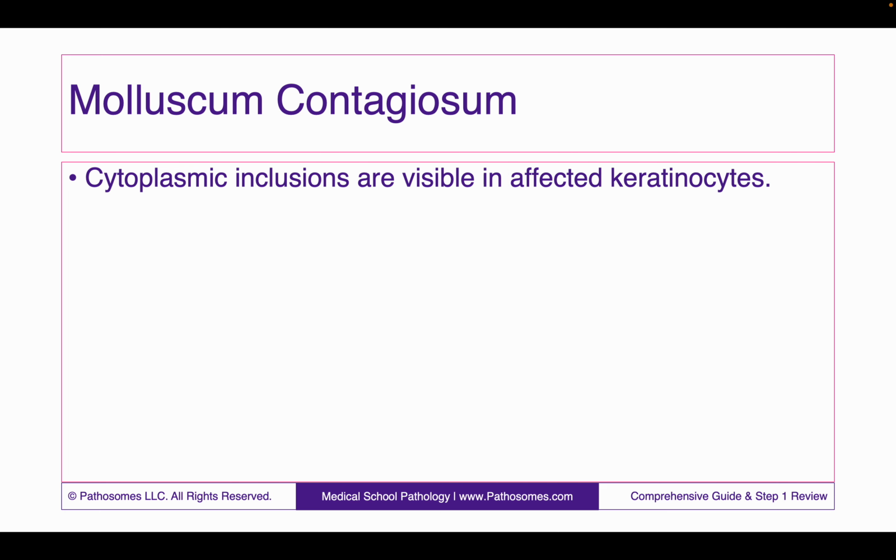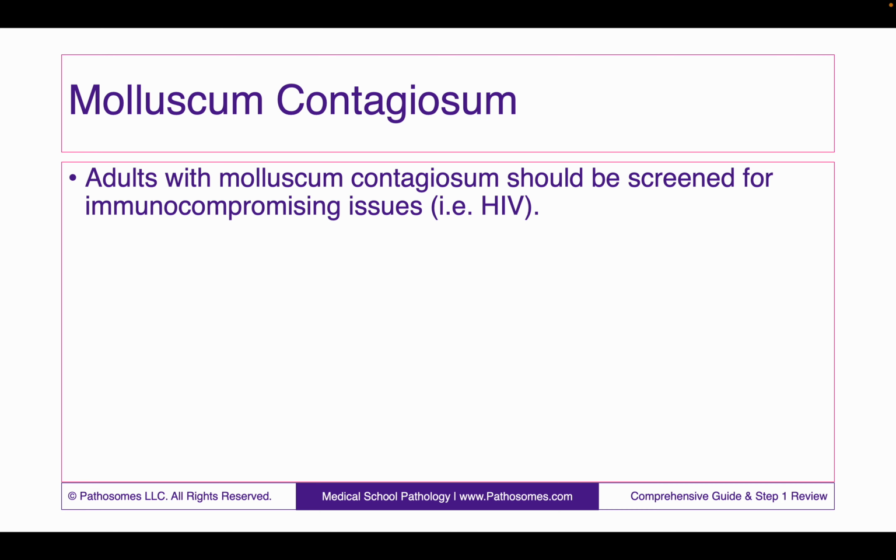Cytoplasmic inclusions are visible in affected keratinocytes. Molluscum contagiosum are most commonly seen in children. Adults with molluscum contagiosum should be screened for immunocompromising issues like HIV.